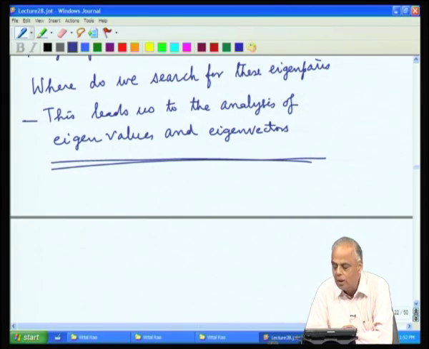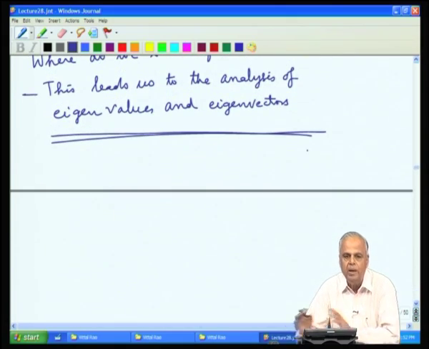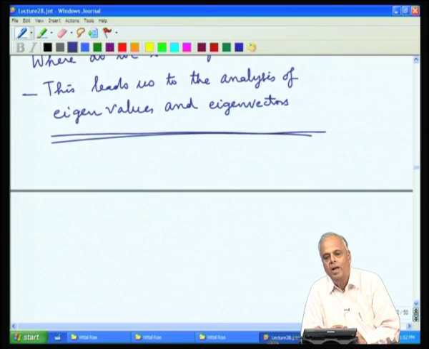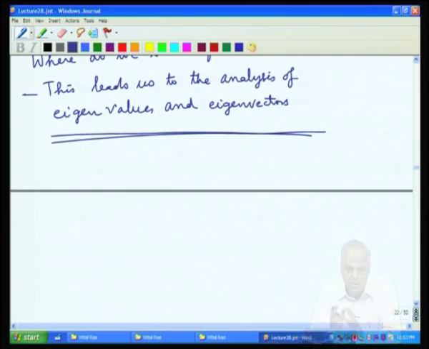What should be our strategy? We have to find the pairs lambda and phi. If we have to find the pairs lambda and phi, we have to find those numbers lambda and then corresponding to those the vectors phi.